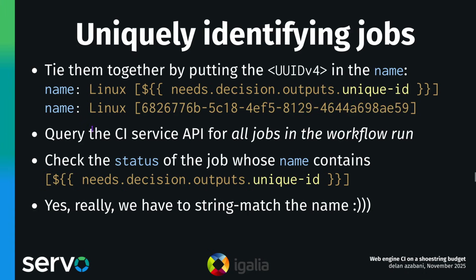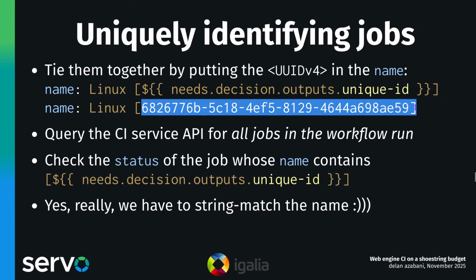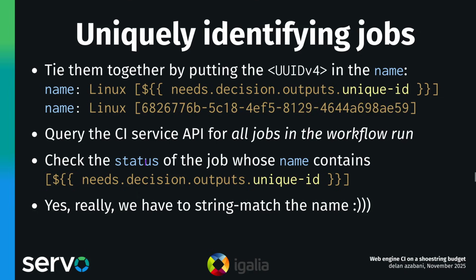And to query the CI service to find out if that job is still queued, we need to query it for the whole workflow run, look at all of the jobs, and then find the job whose name contains that unique ID. Then we can check the status and see if it's still queued. This is really, really silly. Yes, we really do have to string match the name, which is bananas, but this is GitHub Actions. So this is what we have to do.